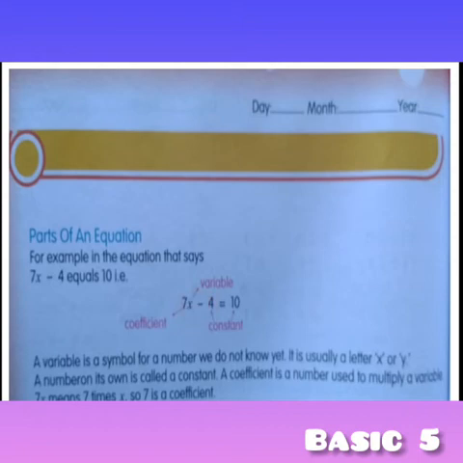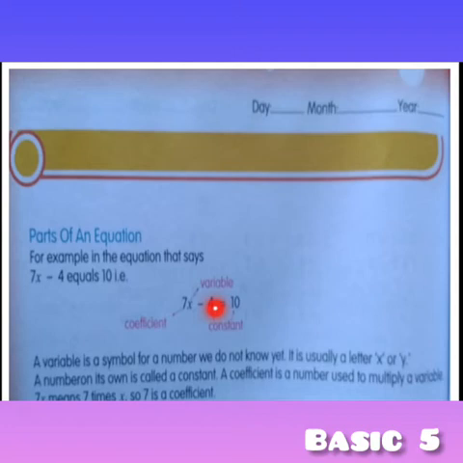So a variable is a symbol, a letter, that represents a number that we do not know yet. It is usually a letter like x or y. A number on its own is called a constant.